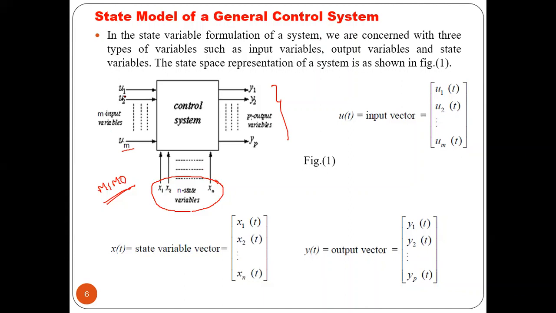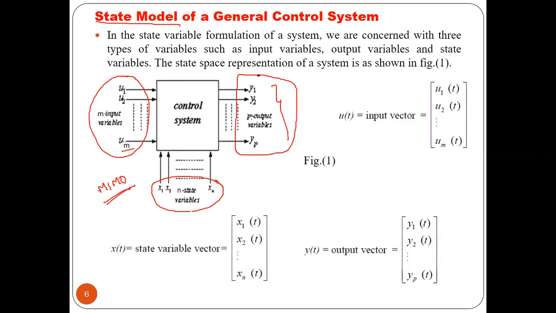Now, based on these input variables and the state variables, we can describe what the output is. That means how the system will behave and what kind of output you will get. Therefore, you can relate y in terms of x and u, correct? This relation is nothing but state modeling.